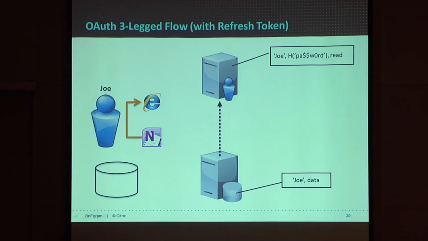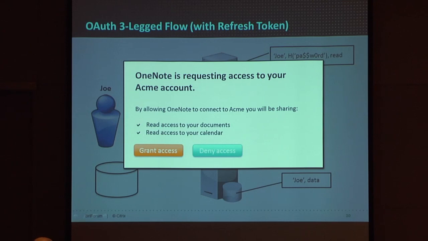So actually the flow jumps from the application normally into a browser at this point. The browser now goes to the identity provider, goes through the login sequence, and then you get this step which you may have seen if you've used things like TweetDeck, let's say, and authorized it to use your Twitter account. The party that owns the identity, let's say your corporation, is going to talk about this application that's trying to access something and whether you want to agree to let that happen.